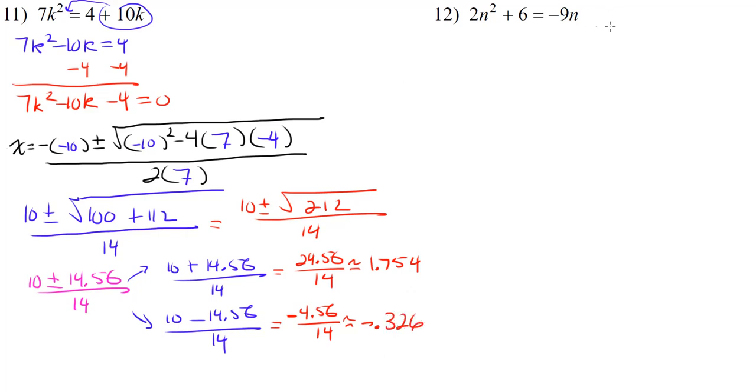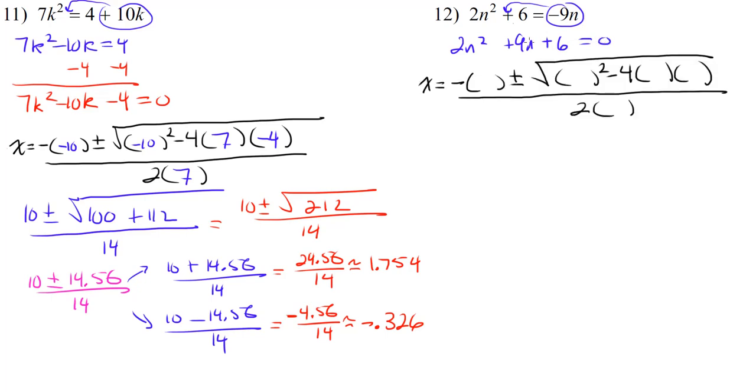For number 12, we need to move negative 9n over here. So this gives us 2n squared plus 9n plus 6 equals 0. So we can substitute our values now. We have our b value is 9, our a value is 2, and our c value is 6.